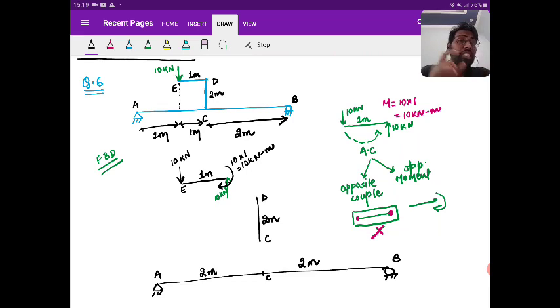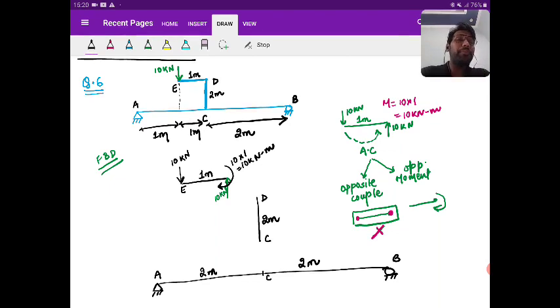Now, since these two forces are equal and opposite, it is going to create a couple. What is the magnitude of the couple? Force into lever arm, that is 10 into 1. Yes or no? So the magnitude of the couple is 10 kilonewton meter.